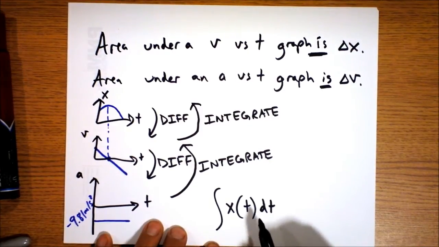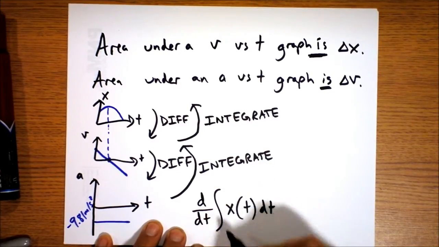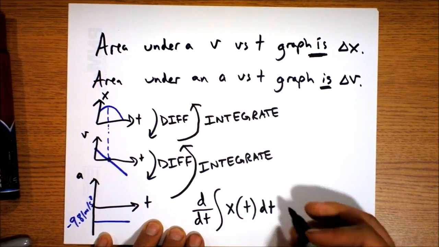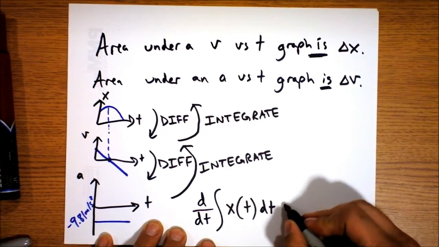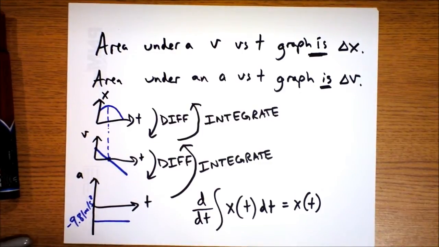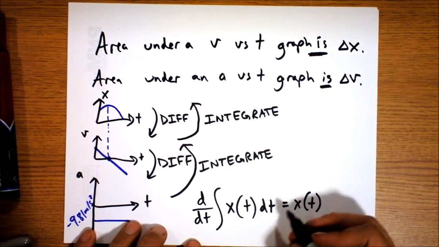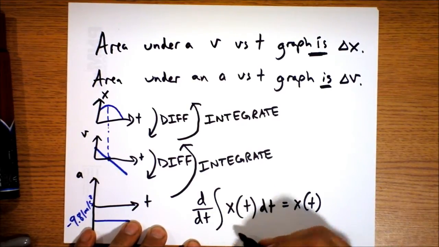If I take this integral and then, remember what this means? This means differentiate it. So I'm taking x, I'm integrating it, and then I'm differentiating it. It turns out that I get exactly x back again. This means that integrals and derivatives are inverses of each other.